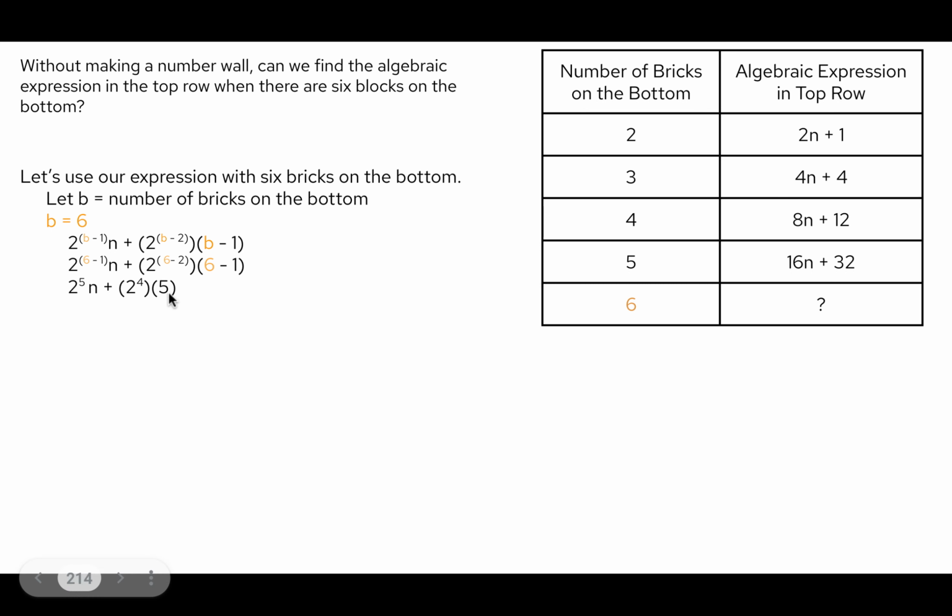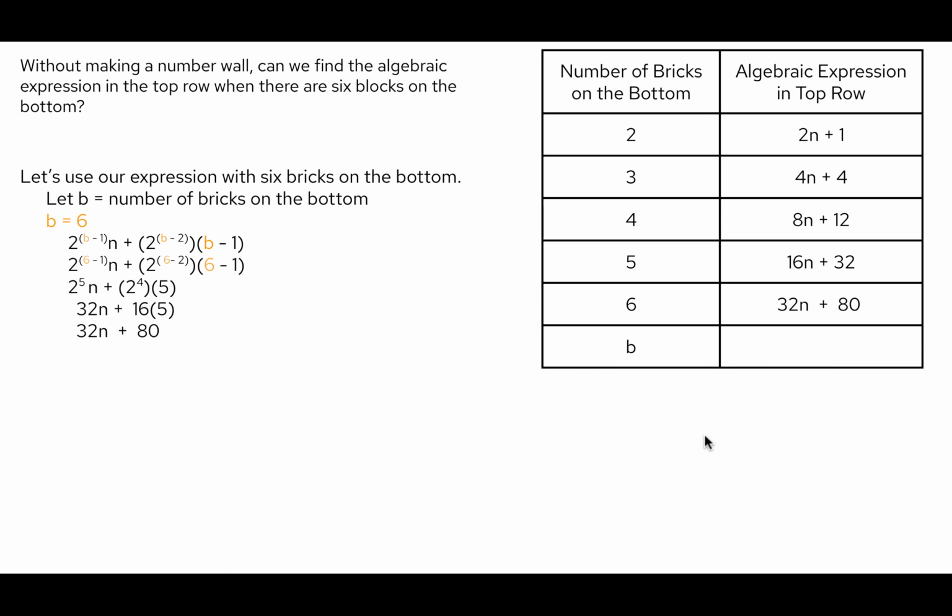And 6 minus 1 is 5. And now we're going to just simplify this. So 2 to the power of 5 is 32. So 32n plus 2 to the power of 4 is 16 multiplied by 5, which is 80. So our algebraic expression in the top row, when there's 6 bricks on the bottom, is 32n plus 80.